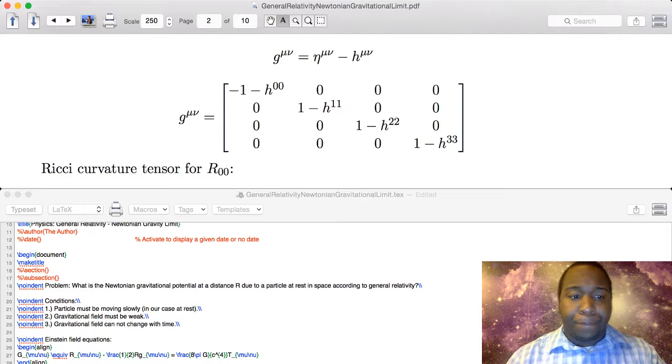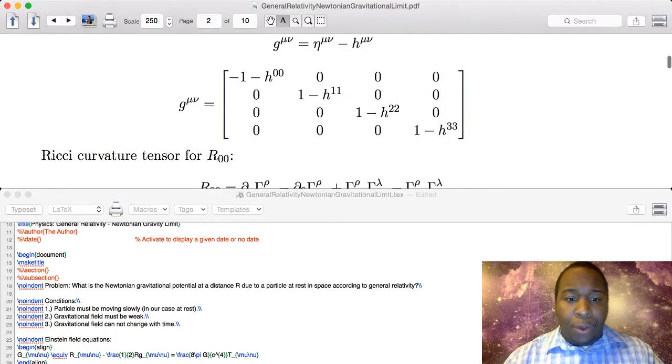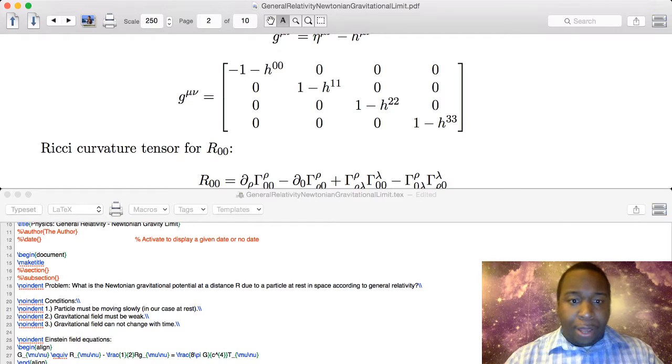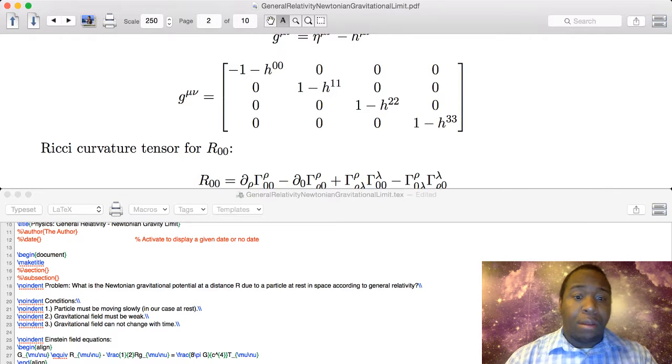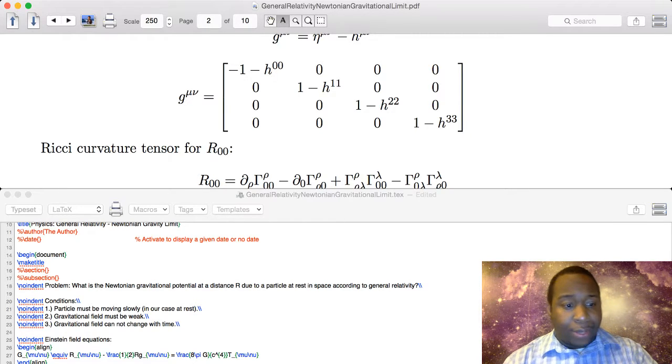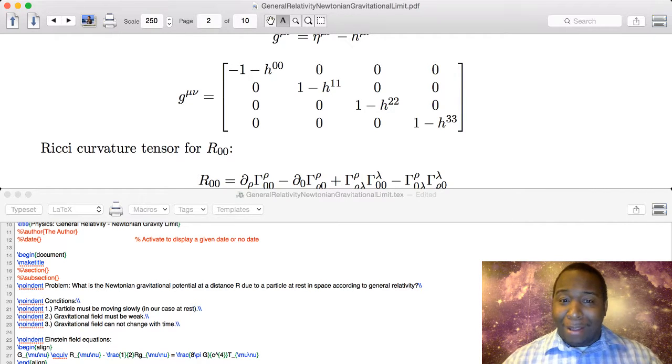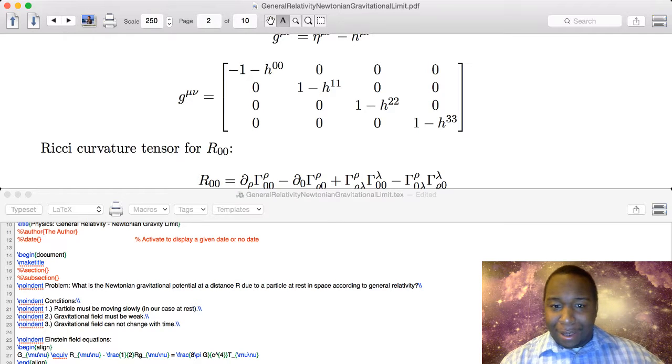All right. And so, moving on from there, we're now able to begin working the left-hand side of the equation, now that we've defined what our contravariant and covariant metrics are for the problem. And so we basically need to solve what's known as the Ricci curvature tensor. I'm not covering everything that I said in the previous stream because it's a lot of information.